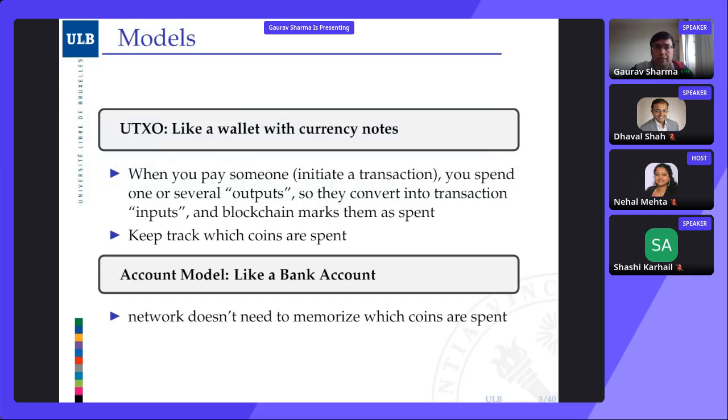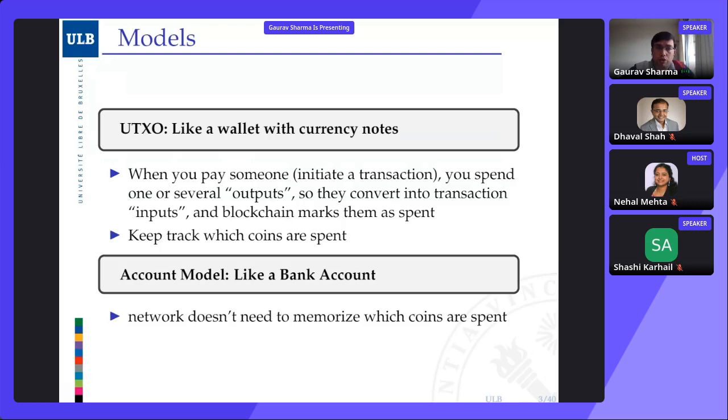So it is unspent transactions that we have in our pocket, and the network has to make sure which coins are already spent or which are unspent. We have to make sure that there is no coin which is spent two times. So double spend is a common problem that we try to address whenever we design a blockchain.